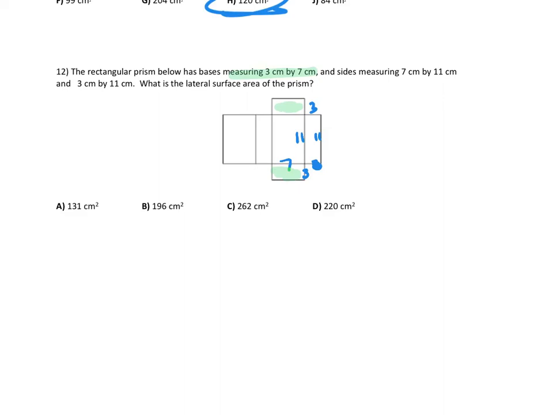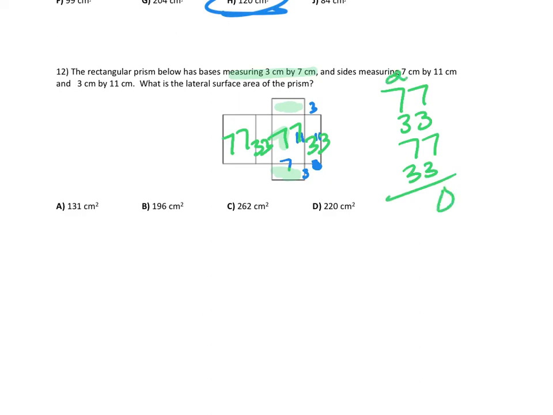So we need lateral surface area. So we need 7 times 11, which is 77, 33, 33, and 77. So 77 and 33, 77 and 33 is going to be 220.